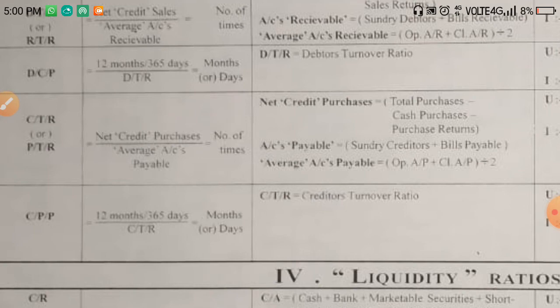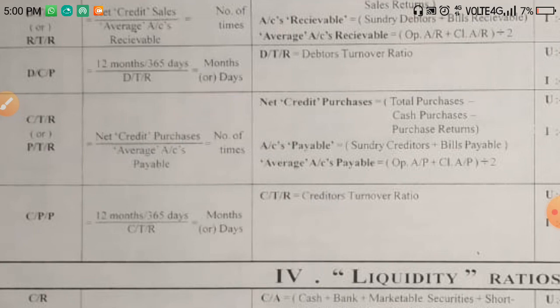Next, creditors payment period. How to know creditors payment period? 12 months or 365 days divided by creditors turnover ratio. If creditors turnover ratio is more than 12, you take 365 divided by CTR.